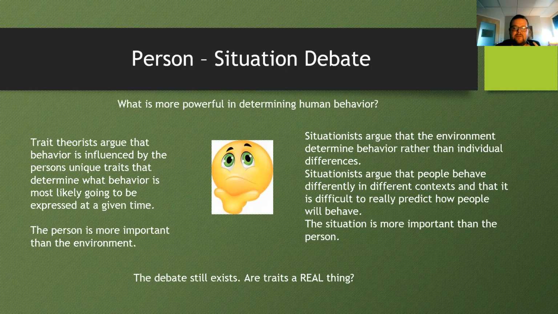There's going to be times when the environment influences more than the personality does. So the debate still exists today, and really the big question is, are traits a real thing? Depending on your own perspectives and personal experiences, some of you are going to lean more toward trait theory, where others are going to lean more toward the situationist.